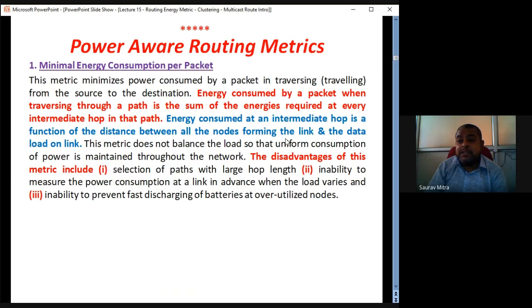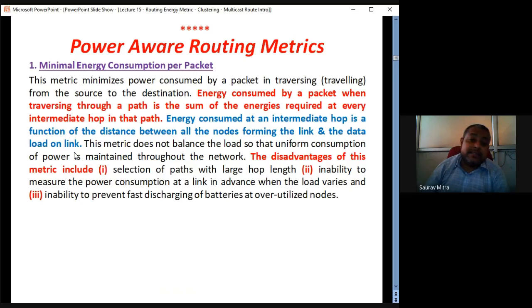And not only the distance, the data load on the link is also very important. If a link is carrying data from 2-3 different senders and receivers, then for the same hop it will cost more energy. If one pair of nodes carries only one type of transmission, then energy will be less.